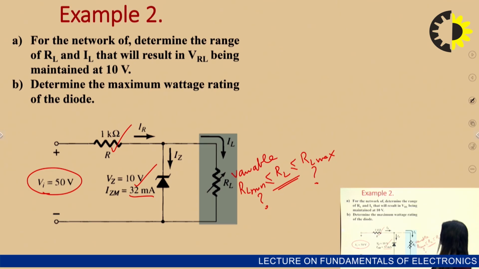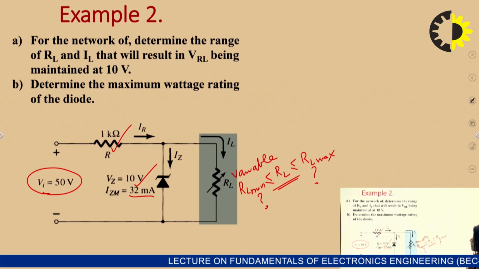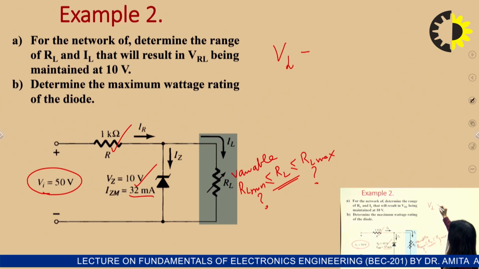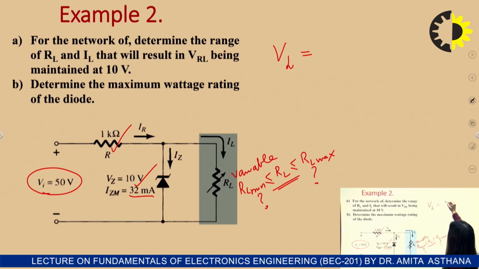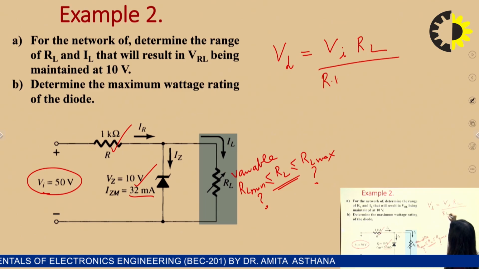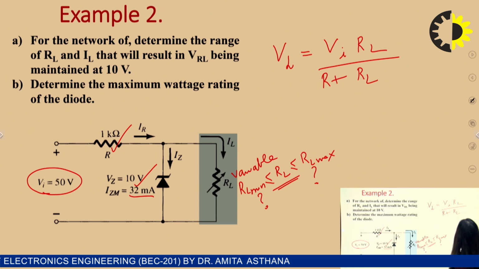Now, first of all, we will apply the formula VL is equal to VI into RL upon R plus RL.